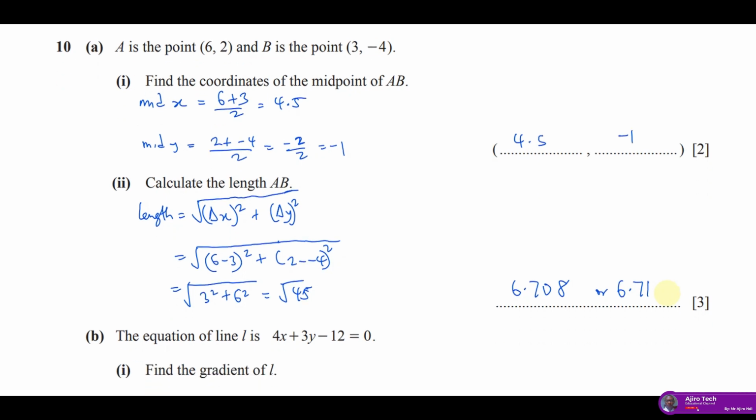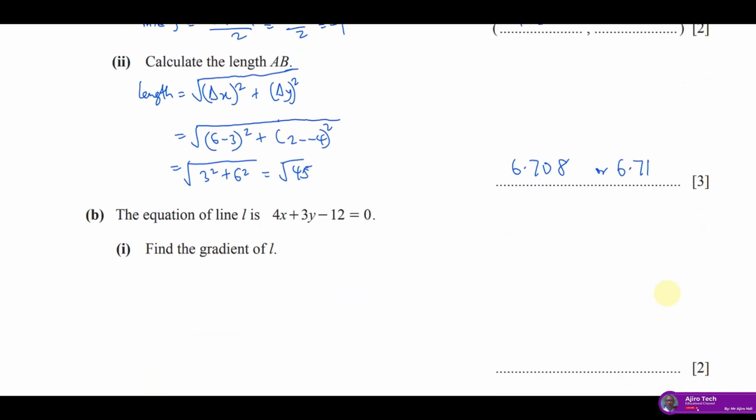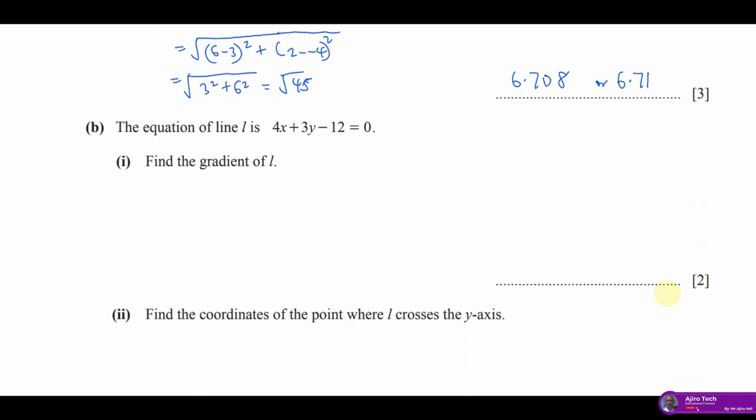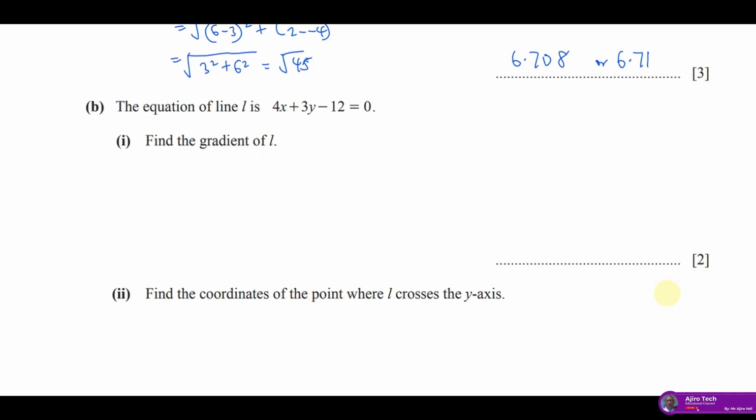So you have an equation here. B part, the equation of the line is 4x plus 3y minus 12 equals 0. Find the gradient. If you can put it in the form y equals mx plus c, m is the gradient.